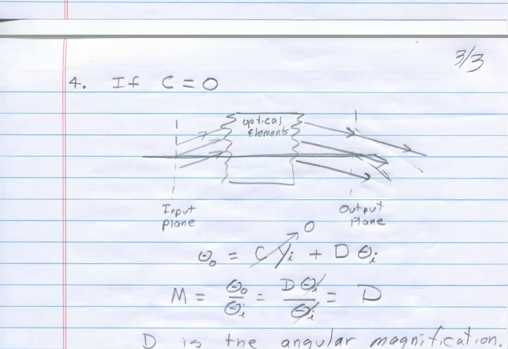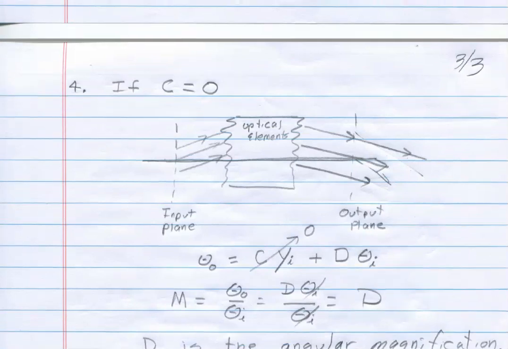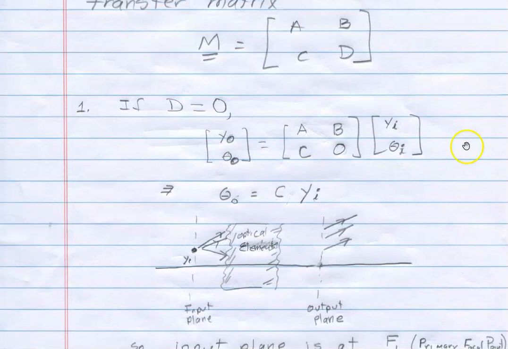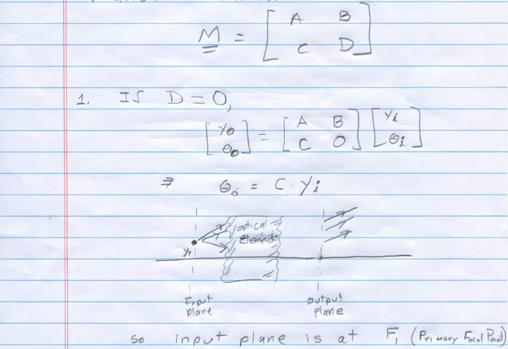The last one is similar. Now I'm going to have C is equal to 0. And again, we're looking at the ABCD matrix. So if C is equal to 0, then when I multiply it out, I'll just get that theta_o is equal to D times theta_i.